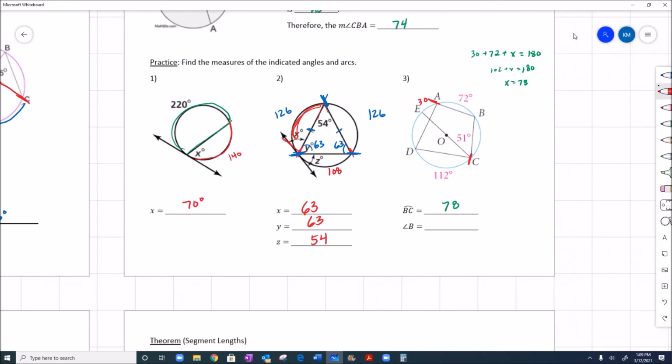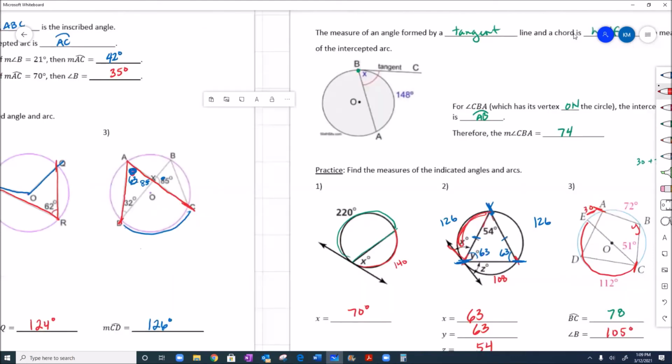We already see that this goes almost to the diameter, and if it were the diameter, then it would be inscribed at a diameter, which would be 90 degrees. But here, we add that 30 to it, so it intercepts 180 plus the 30, so 210. So angle B should be half of 210. 210 divided by 2 is 105.